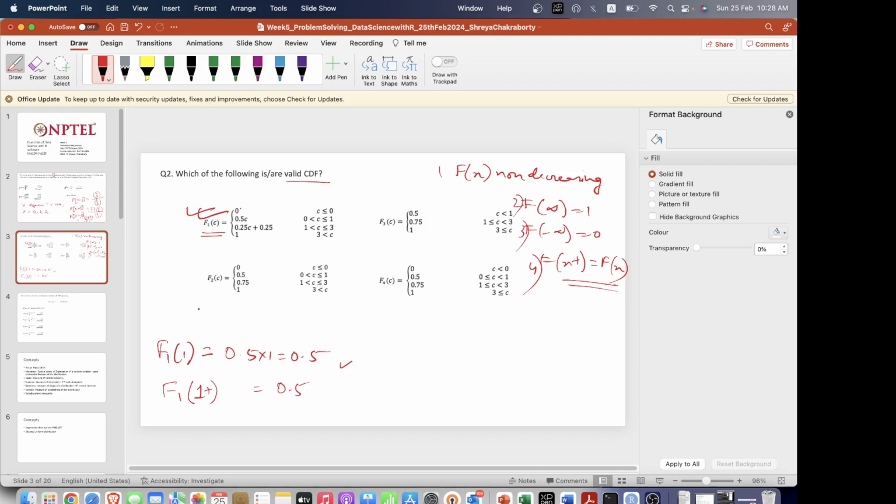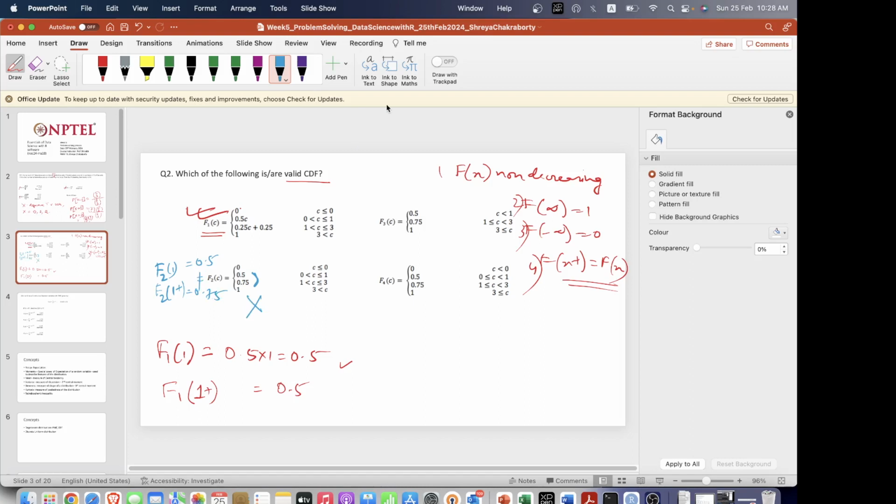The next one is this one, F2(c). So for F2(c) also, F of minus infinity is 0, and towards infinity it's 1, but it is not right continuous, because you see F2 of 1 is 0.5, but F2 of 1 plus is 0.75, which are not matching. So this is not a valid CDF.